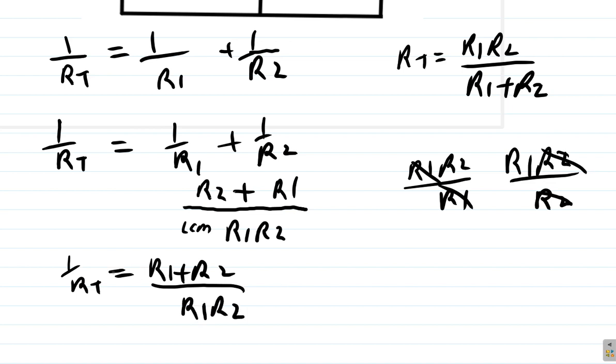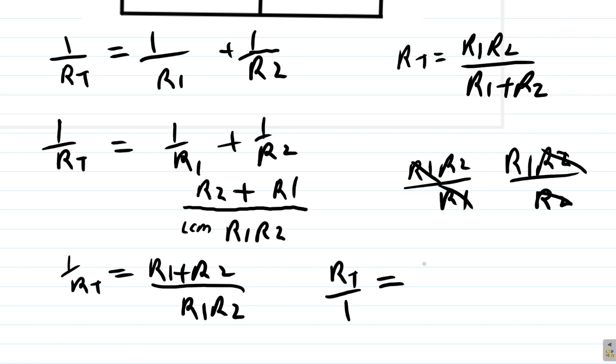But if you find the reciprocal of both sides, you put the RT up here and the 1 down here. What you're going to have is RT over 1 equal, and you switch these around, putting R1 R2 up top and R1 plus R2 at the bottom.